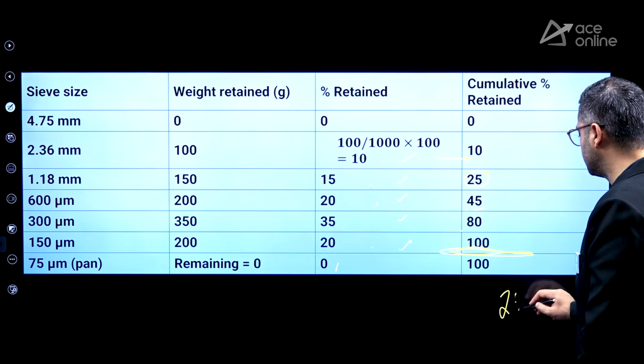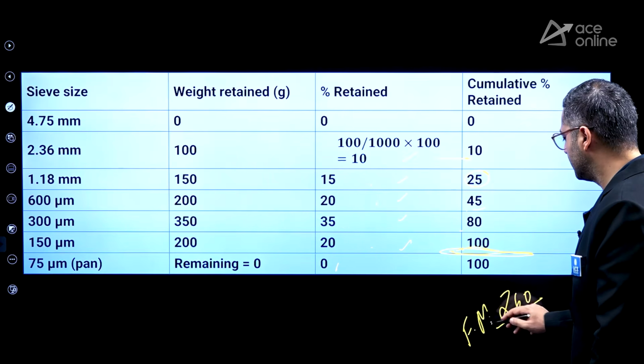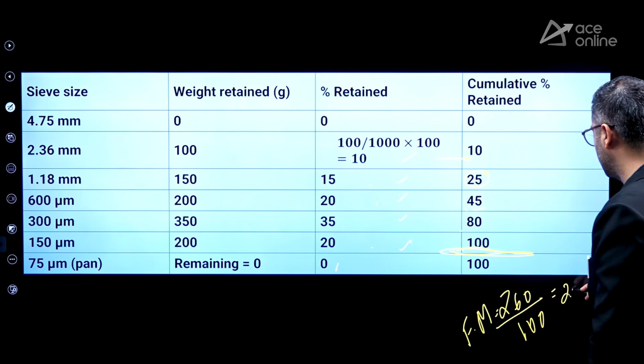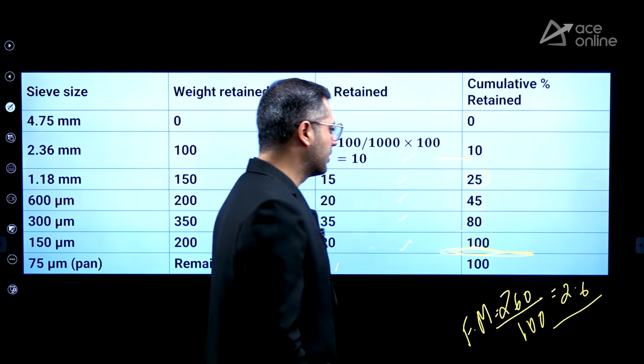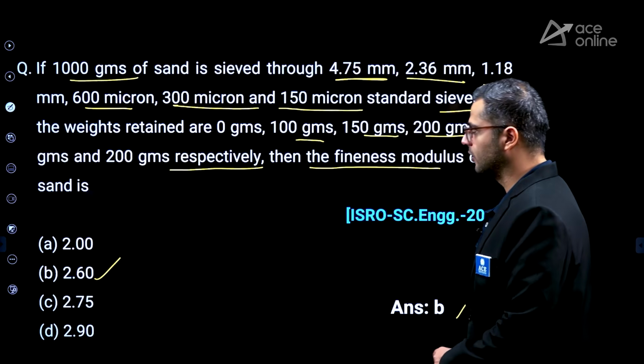So 260 is the total you are getting. Fineness modulus will be this divided by 100, so you'll be getting 2.6 as the value of fineness modulus, right? So 2.6 will be the answer in this particular case.